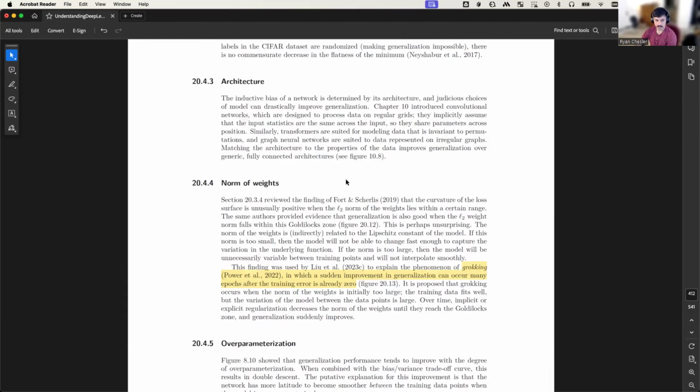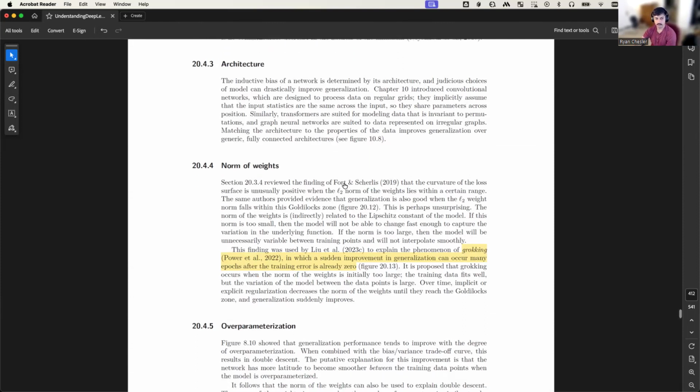Talking a little bit about the architecture, they point out later on that a lot of these architectures that we have might implicitly have a good structure for the kinds of things that we're doing. So if you have a CNN or a transformer, they're operating in a certain way that is aligned for vision or for text, and you can even get good results out of something that isn't trained.